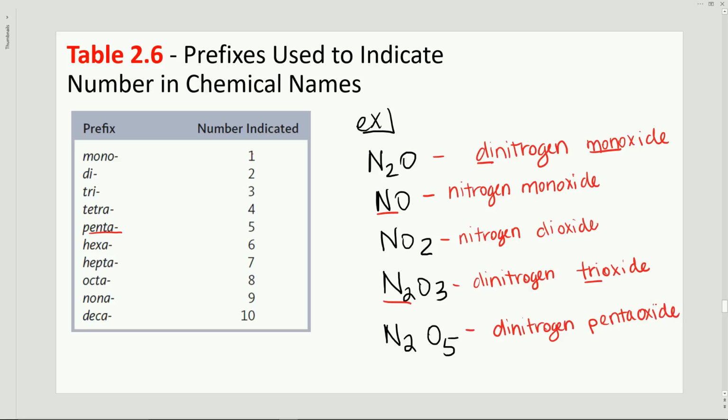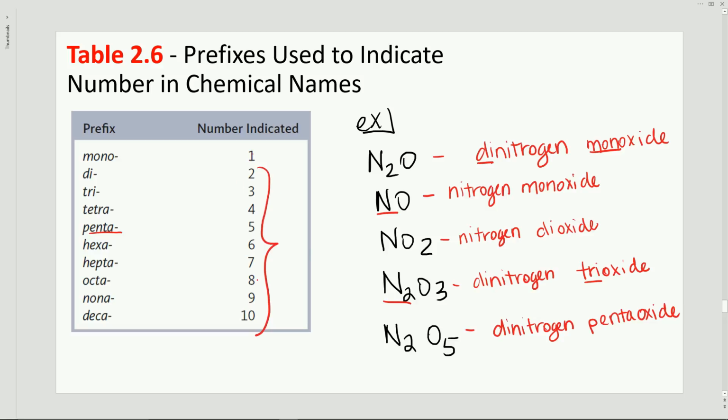Okay. So remember the rules for these covalent compounds are: use the prefixes to denote how many atoms you have. The first atom in your compound is always named with the full element name, and then you use the prefix if it's anything other than 1.